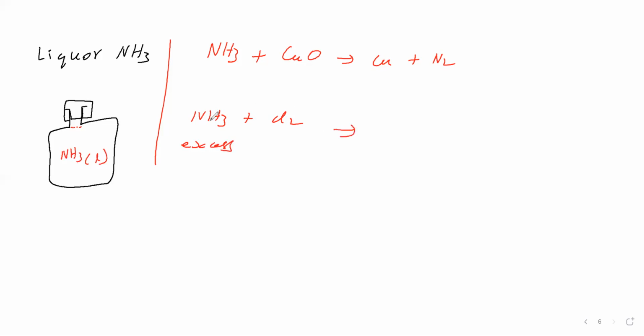Now what happens is that hydrogen and chlorine become HCl. Then the excess ammonia reacts with this HCl and becomes ammonium chloride. Now this H and Cl become HCl, as we said. The remaining part is N2, so we are getting N2.